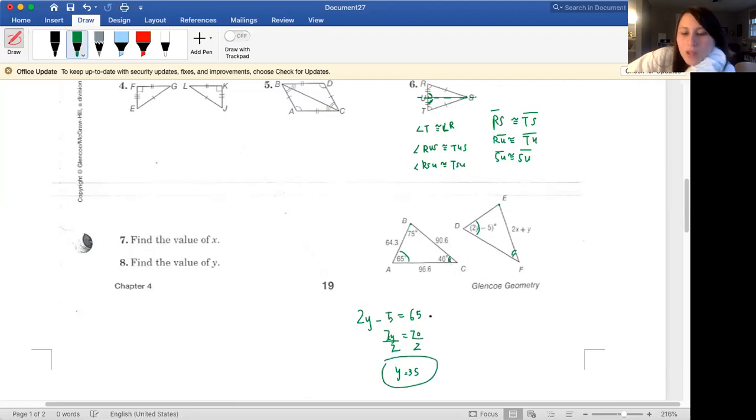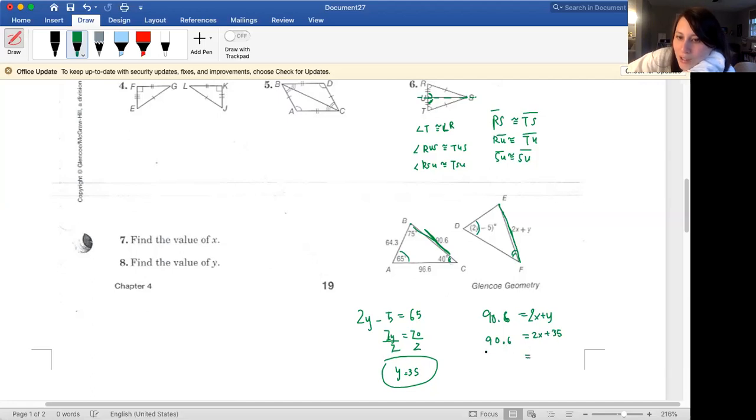So I found y. Now to find x, we know EF would be congruent to BC. So I need to set it up as the same part, right? So 90.6 equals 2x plus y. All right, because I found y, I can do this. If I hadn't found y, I wouldn't be able to work this out. So 2x plus 35, let's plug in what we just found.